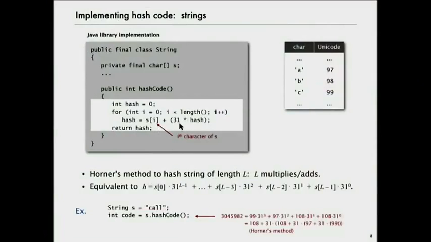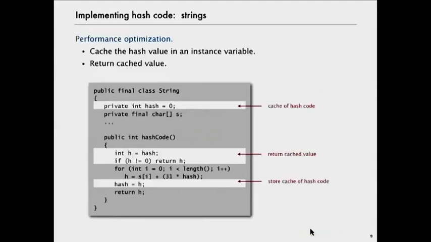So it treats it as a base 31 number, and to compute that whole number, you multiply 31 times what you have so far and add the next digit. That's called Horner's rule. If you're familiar with it, fine. If you're not, you can look at this little example and decide what it is. And again, it involves all the characters of the string in computing the hash function.